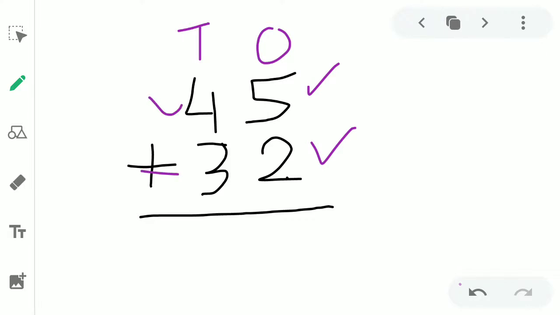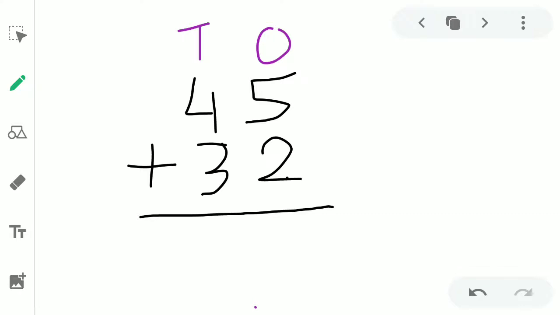Now let us start with the addition of these numbers. First, we are going to add the numbers which are given at the place of ones. Whenever we do addition, we are going to start from the right side, and that is the numbers given at the place of ones.